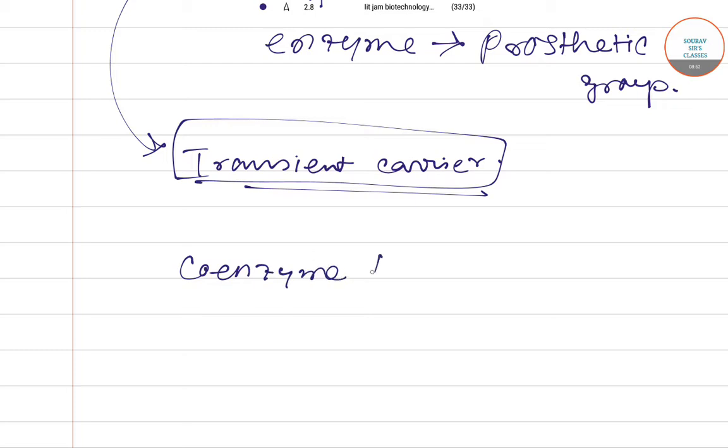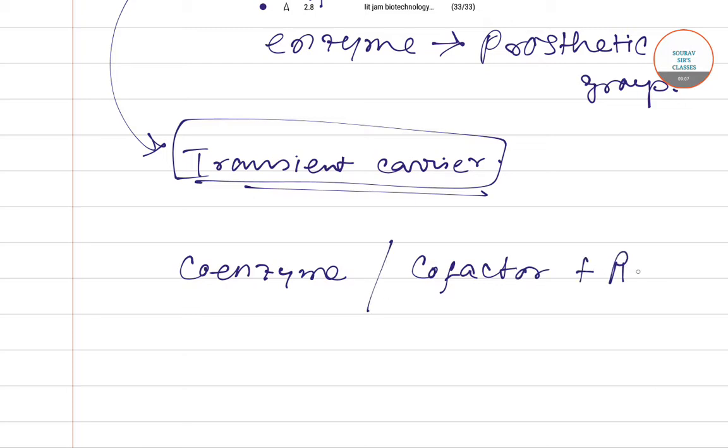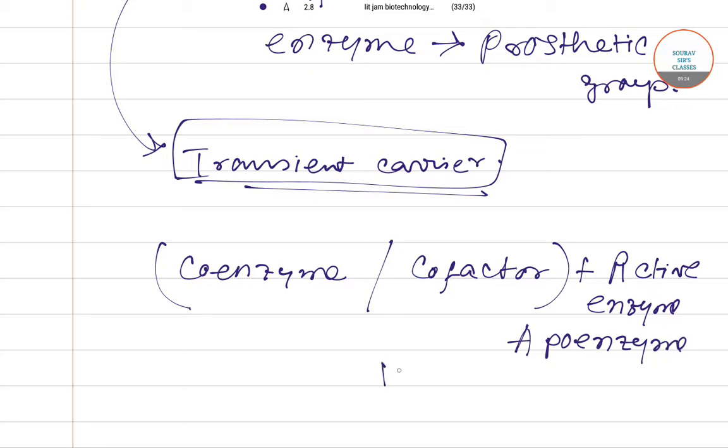Coenzyme plus cofactor along with the protein part, the active enzyme, that is called the apoenzyme. Together they are called the holoenzyme.